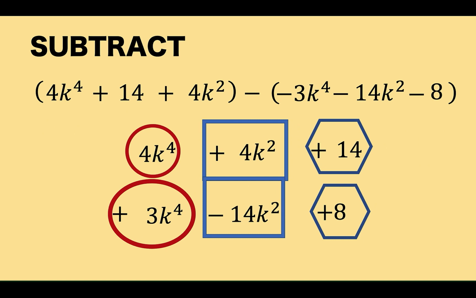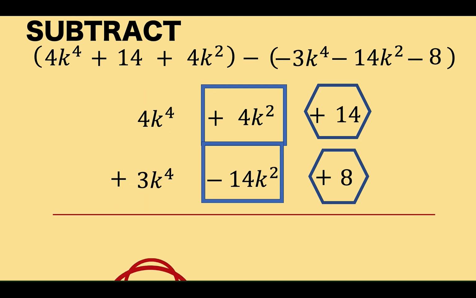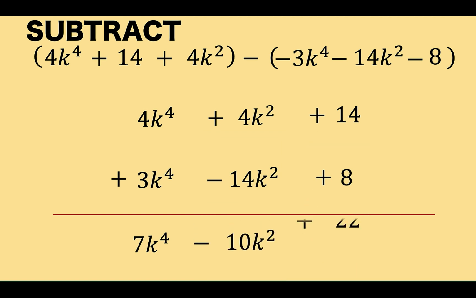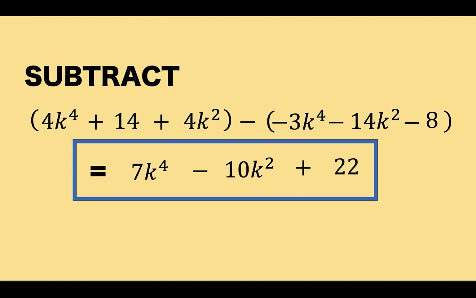And perform now the simplification. 4k to the fourth plus 3k to the fourth is equal to 7k to the fourth, 4k squared minus 14k squared is equal to negative 10k squared, and positive 14 plus 8 is equal to 22, and therefore this is now our final answer. Notice that it's still the same procedure, only that we have to convert from subtraction to addition by using the definition that subtraction is adding the additive inverse.